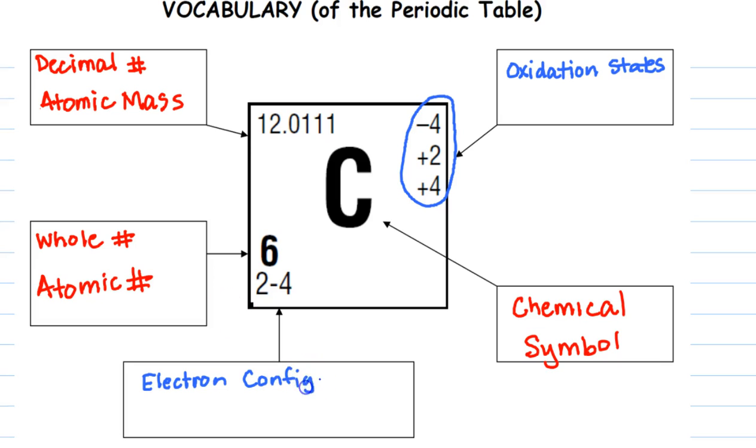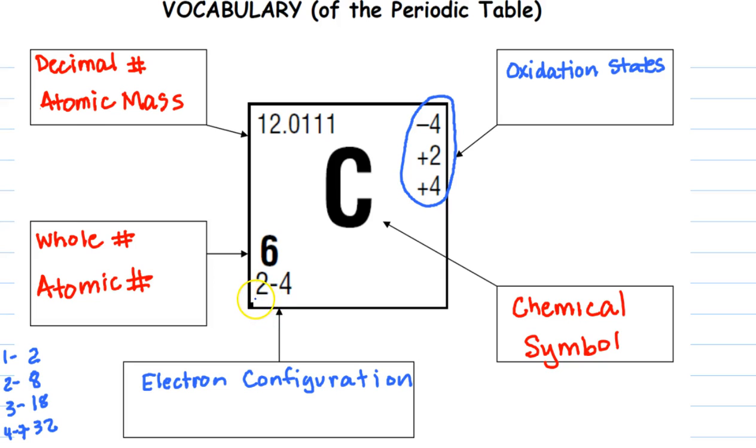And remember how I just said that you can have 2, 8, 18, and 32. The first energy level can have 2, the second level can have 8, the third level can have 18, and then the fourth through the seventh levels can have 32.